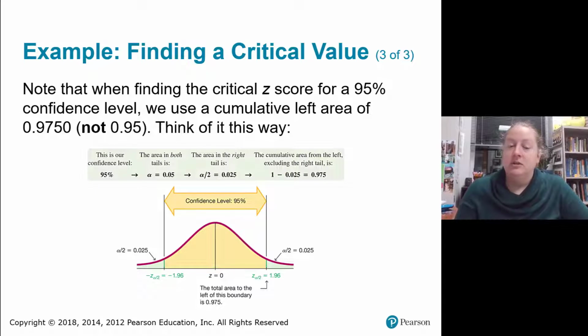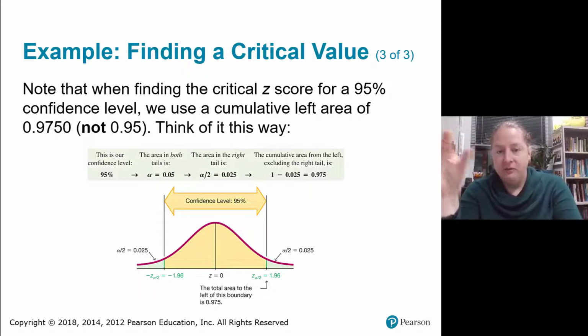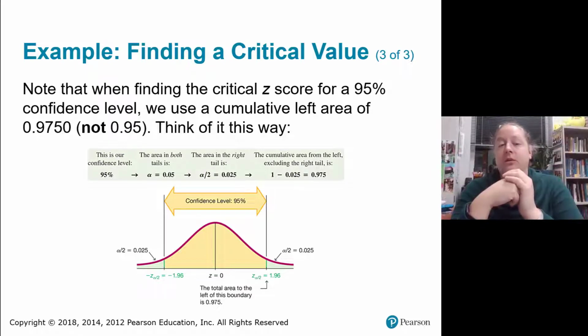This is the picture that goes along with that. So you can see we're trying to find alpha divided by 2 area out in the tails of our normal distribution. And alpha divided by 2 is our 0.025. So the area to the left of the positive z-value that we're looking for is 0.975. And that z-value is 1.96.